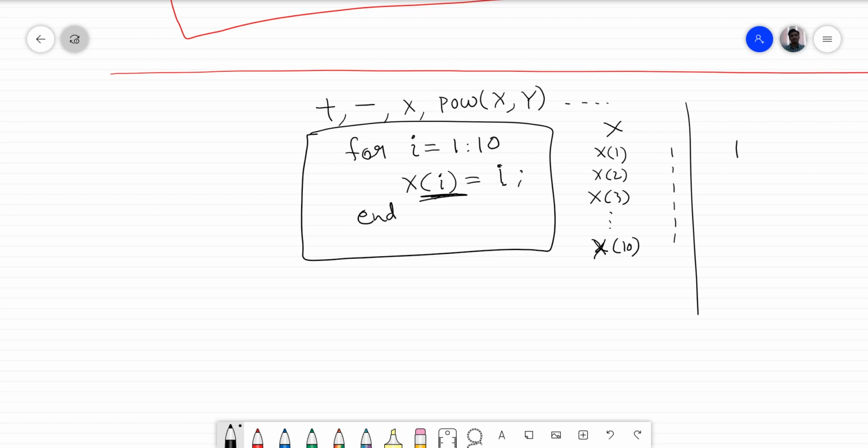As you can see here, we are looping. This is a for loop. Okay, you can read about loops, for loop, while loop and so on. So this x(i) equal to i will create an array with the first element as 1, the next as 2, 3 up to 10. Okay, a 10 element array with natural numbers from 1 to 10.